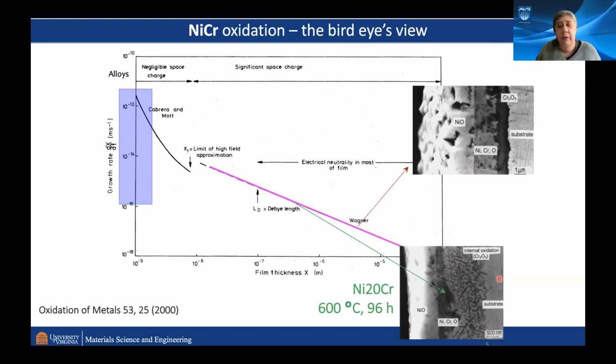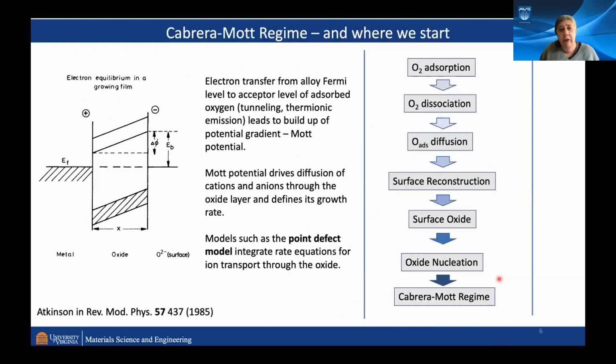So Wagner growth is driven just by the diffusion, the chemical potential gradient in the diffusion. While Cabrera-Mott, which I show here, is driven by an electrostatic effect, where you build up a potential. You have your metal on the left-hand side, you have oxygen, which adsorbs on the surface of this ultra-thin oxide layer.